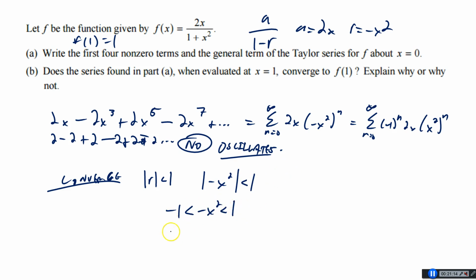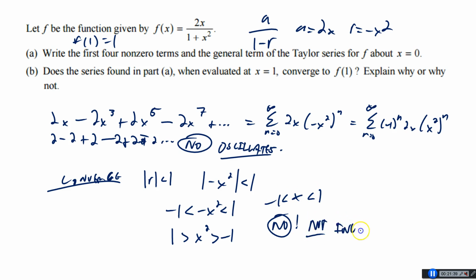So if we multiply everything by negative 1 and flip the signs, so 1 greater than x squared greater than negative 1, and then we take the square root, that means that x still has to be between negative 1 and 1. Okay? Notice it's not less than or equal to. So no. Because the geometric series only converges when it's between negative 1 and 1, but not included. So not included in the interval is what I would say.